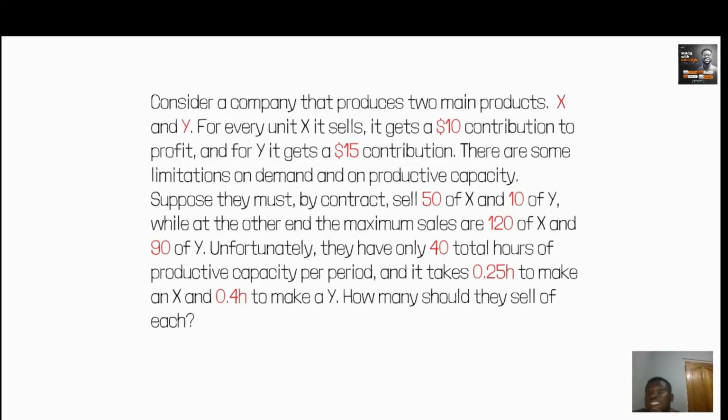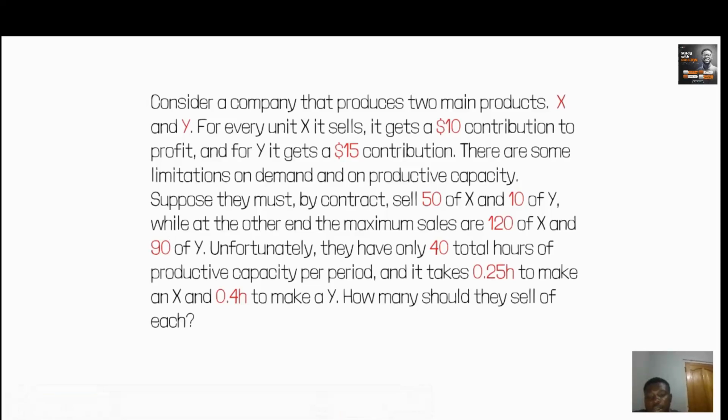That is our constraint, and we all understand what we mean by constraints: restrictions. So that is how we got X is less than or equal to 120, then Y is less than or equal to 90.